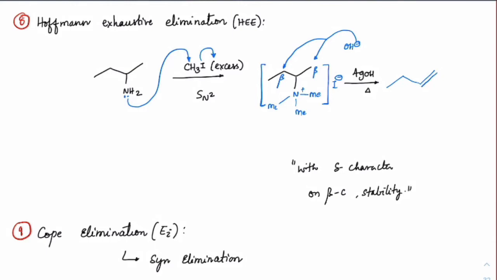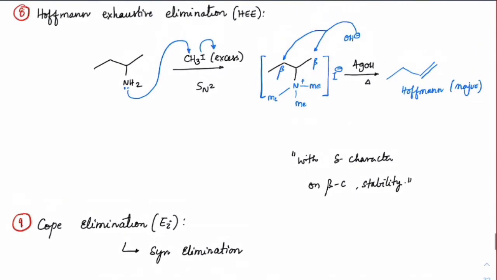Okay, and the Hofmann product here is the major product. Why is it the major product? You can see that NMe3 does not depart at the same time as OH minus is removing H plus. It will slowly depart, so some delta negative character is created on the beta carbon.